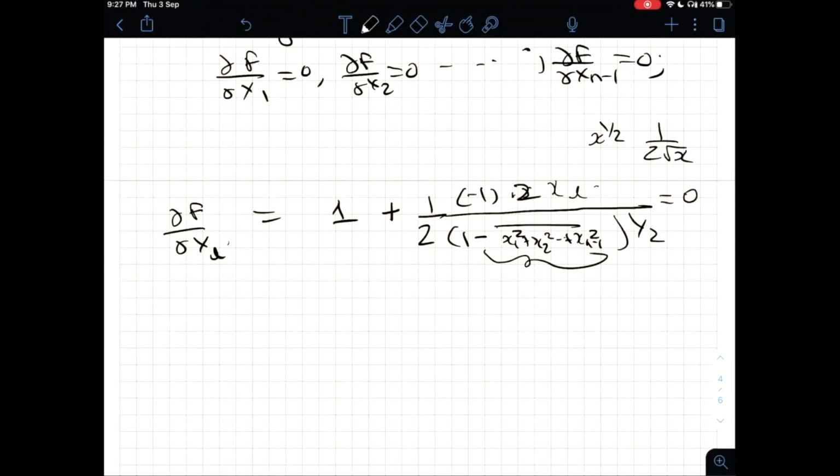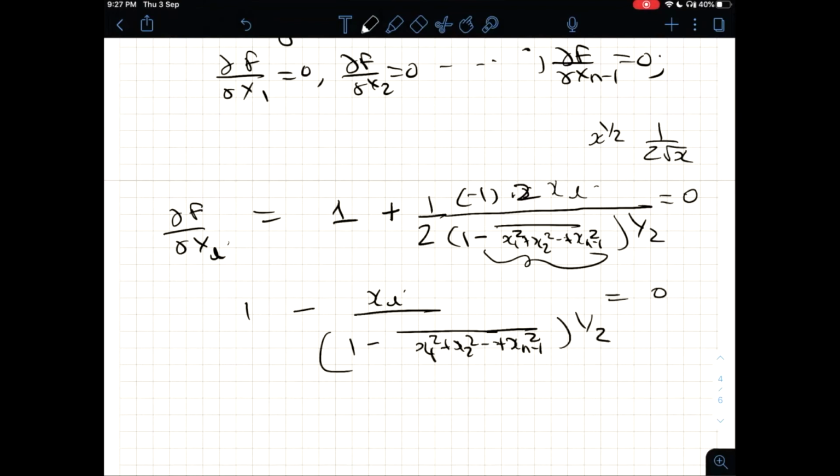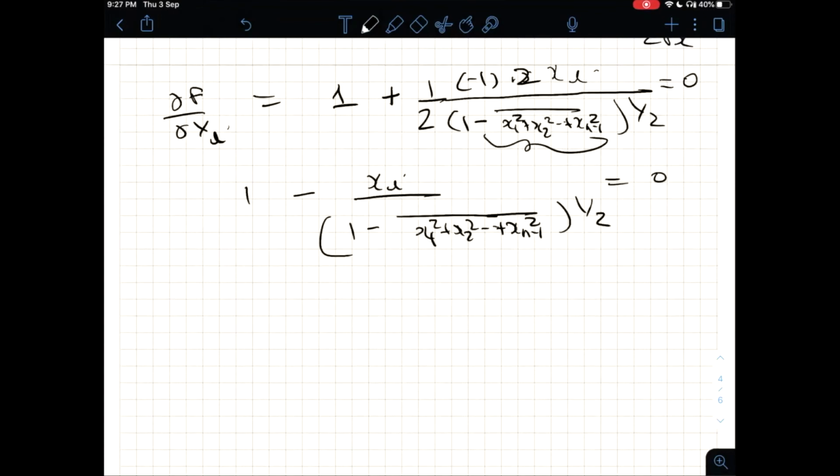And this should be equal to 0, which means that 1 minus xi divided by the whole of this thing here. Okay, let me write it once. I'm sorry. 1 minus x1 square plus x2 square up to xn minus 1 square, to the power half, should be equal to 0. So I can write this as 1 minus x1 square plus x2 square up to xn minus 1 square.